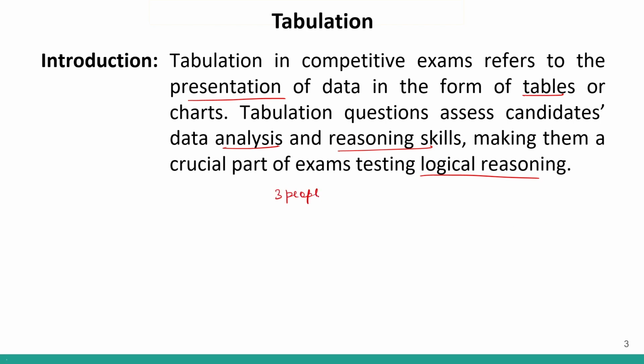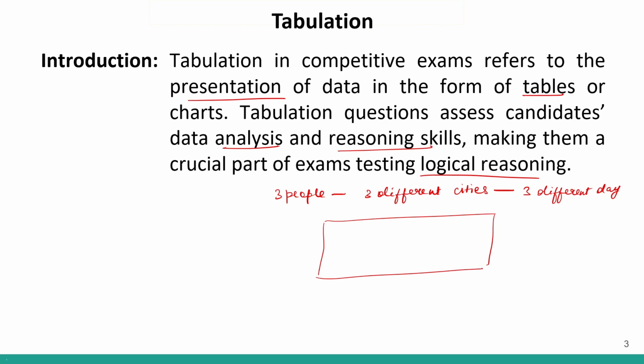Three people that visit three different cities on three different days. So now I have to present this data in the form of a table, to get a more accurate analysis. So I can say, this is the people.